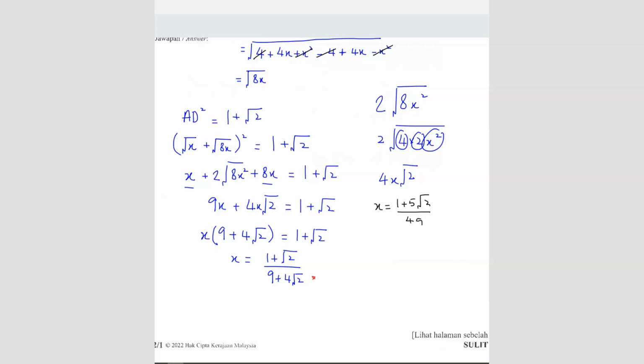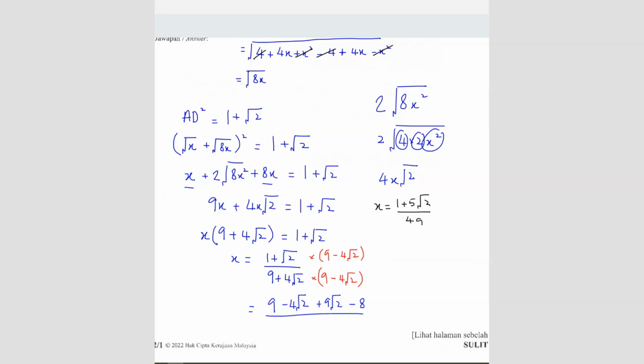So that means here you have to multiply 9 minus, okay, minus, then you do the same thing here. So on top you get 9 and then minus 4 root 2 plus 9 root 2 minus 4, and then root 2 times root 2 you get 2. So you get 8 here.